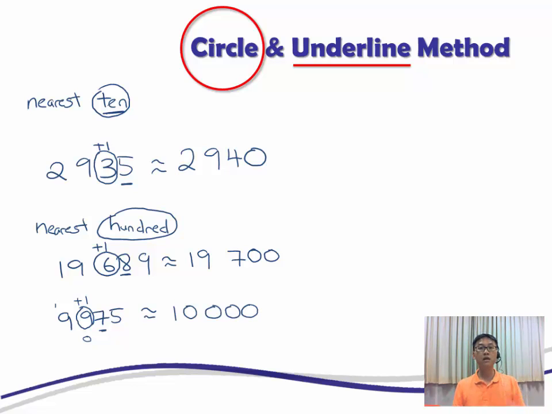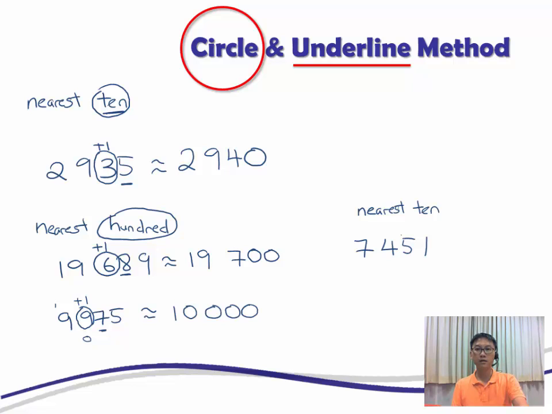So 9,975, if I round off to the nearest 100, becomes actually 10,000. You need to be careful of the 9s, because when you plus 1 to a 9, it will be a carry over. So you need to take note of that. I'll give you one last example just to illustrate. 7,451, to the nearest 10.